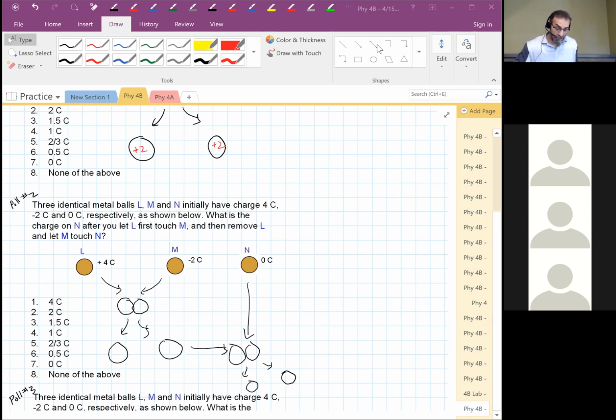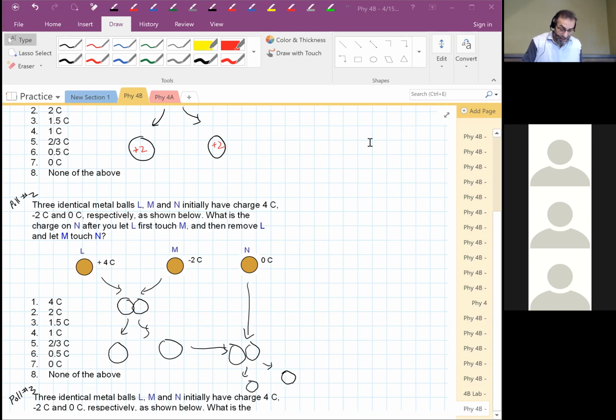And so most people said half a coulomb, and that is correct. So let's take a look at what happens here. We bring L and M together. You have a +4 and a -2.